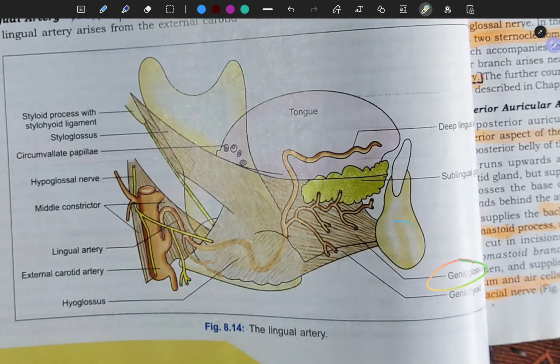The genioglossus muscle arises from the genial tubercle and is attached to the undersurface of the tongue muscles. This is your stylohyoid ligament. This is your hypoglossal nerve, where it winds around the lingual artery. The lingual artery is tortuous in course, and it lies underneath the surface of the tongue.